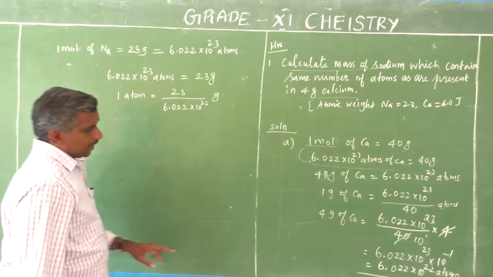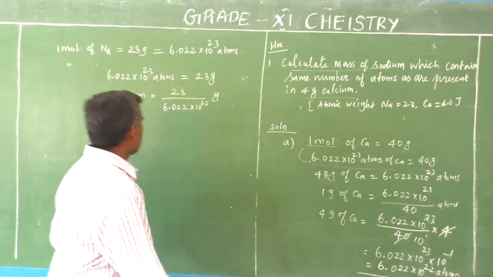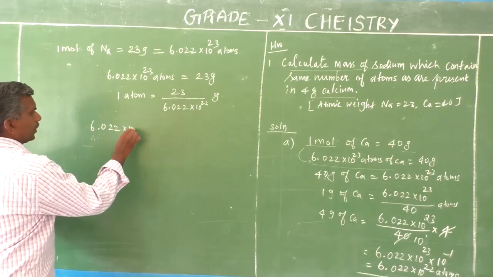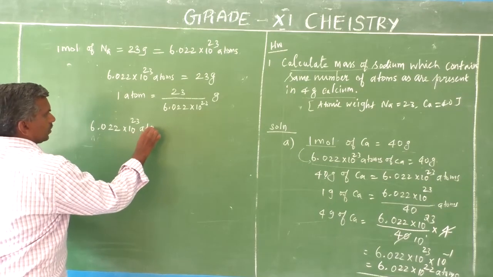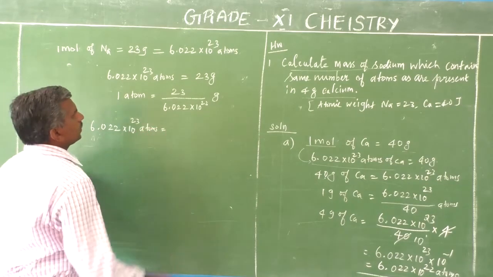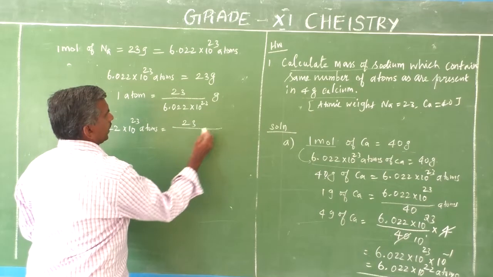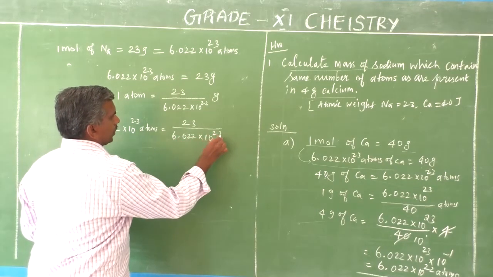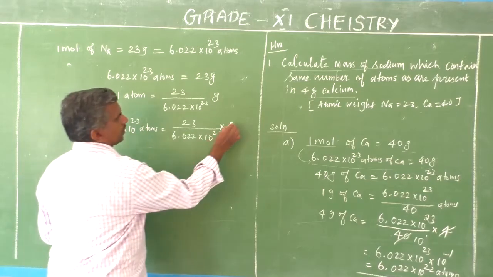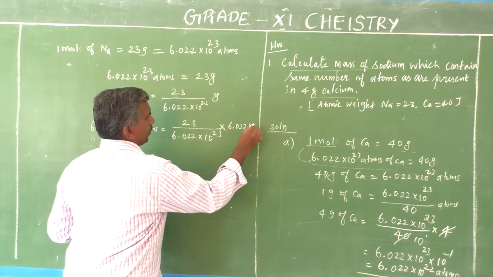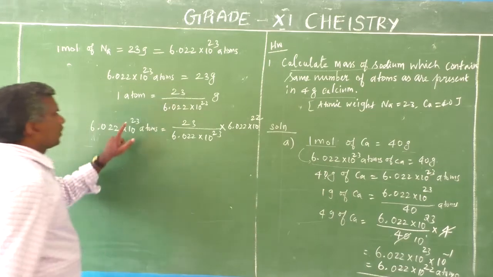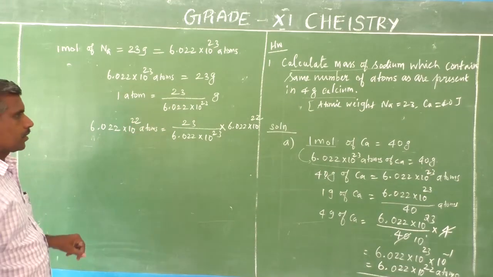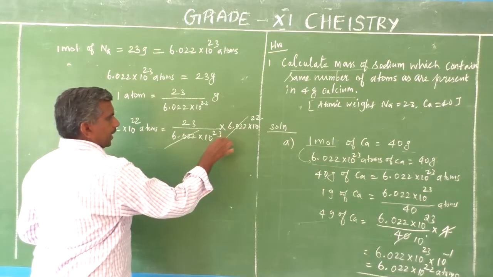So how many moles is this? 6.02 × 10^23 atoms equal 23 gram, so 6.02 × 10^22 atoms equal 23 by 6.02 × 10^23 into 6.02 × 10^22. This value cancels.